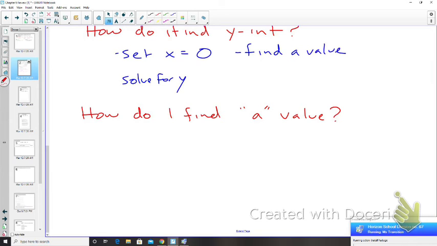So if you're just given a question and it says find the a, first you have to decide, based on the information that's given, if you're going to do standard form, factored form, or vertex form.